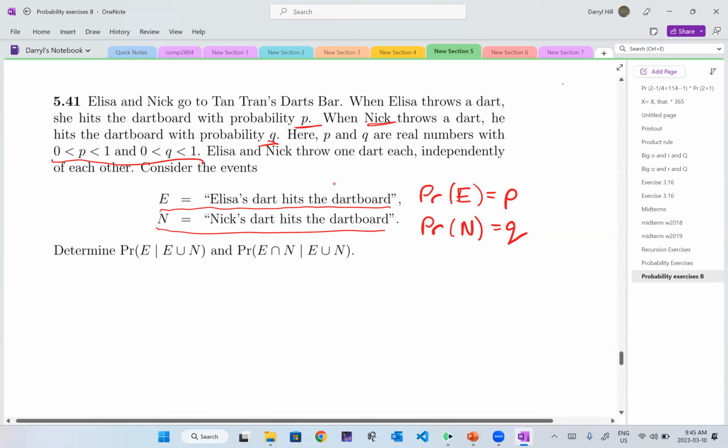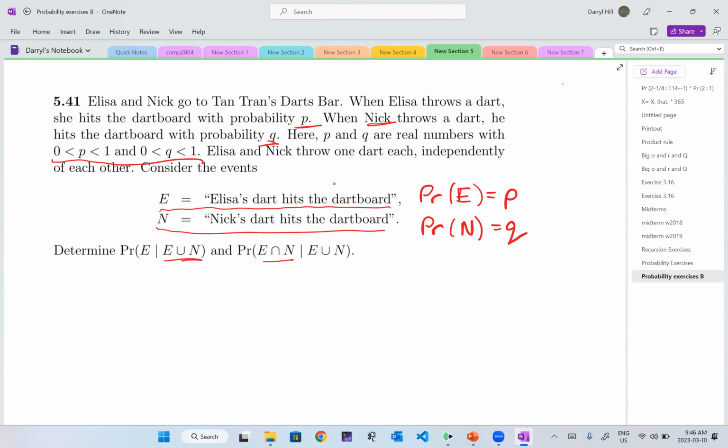So determine the probability that Eliza hits the dartboard, given that Eliza or Nick has hit the dartboard, and the probability that Eliza and Nick hit the dartboard, given that Eliza or Nick hit the dartboard. And since these are independent, we're going to take some shortcuts.